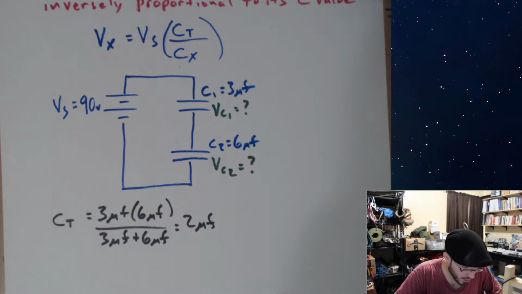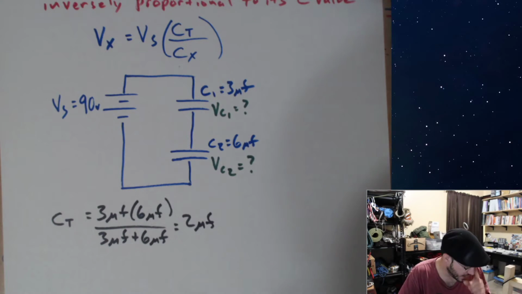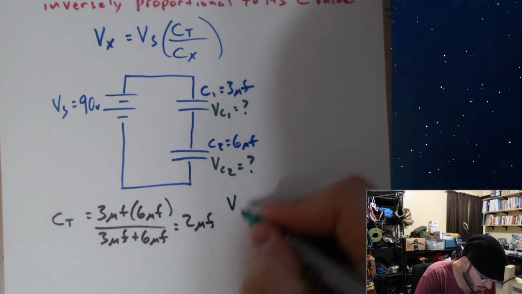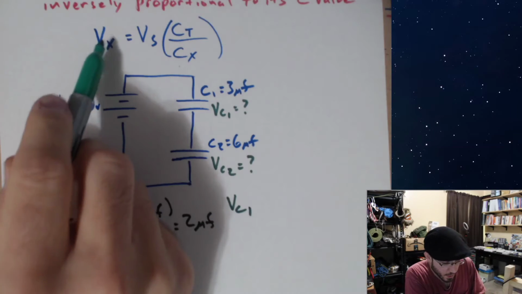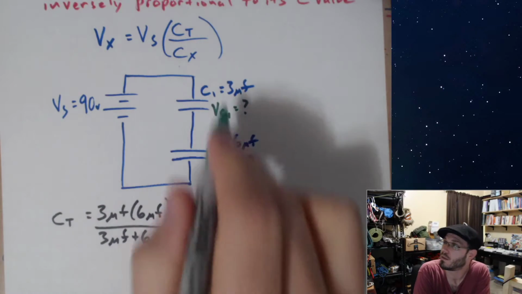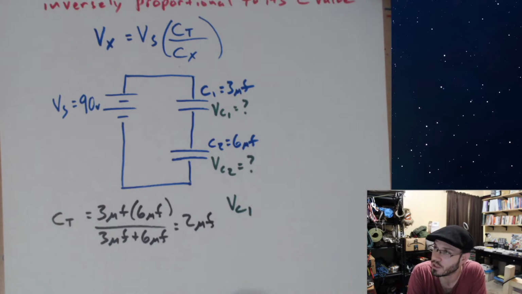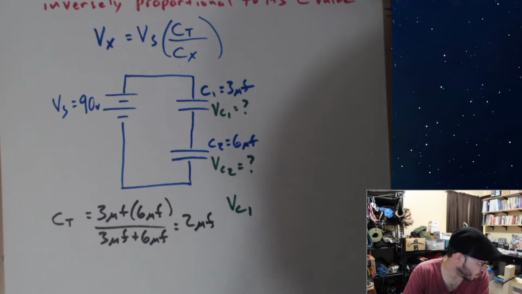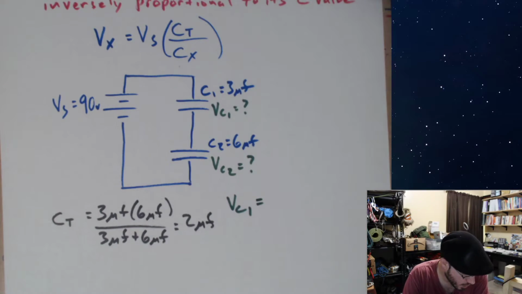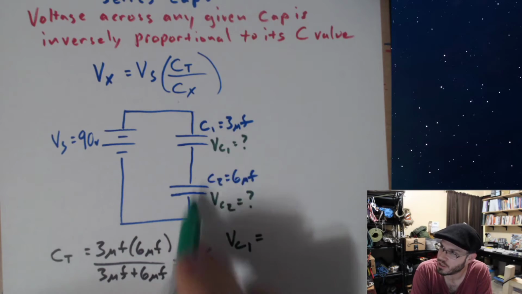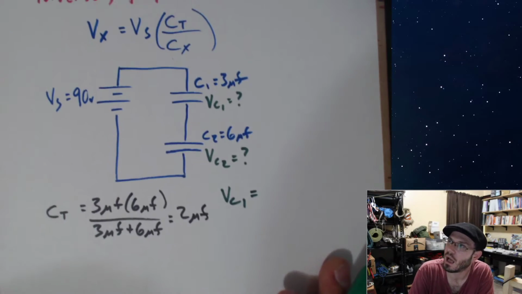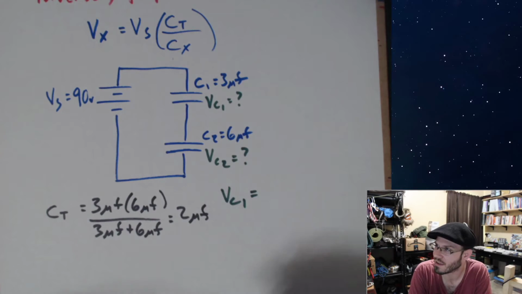And then if you want to figure out how much voltage is across the first cap, we can say VC1. So I'm just replacing the X with my first capacitance since that's the voltage we're trying to find. The voltage across C1 is going to be equal to, well, our total applied voltage to the series combination of these capacitors.